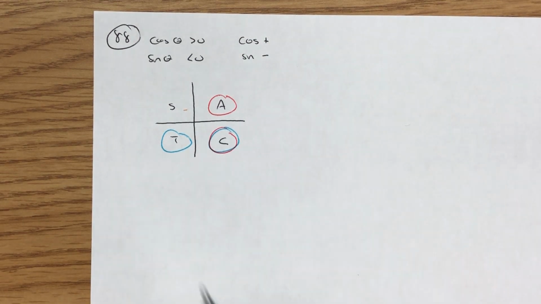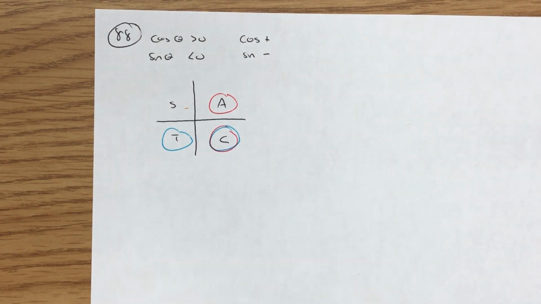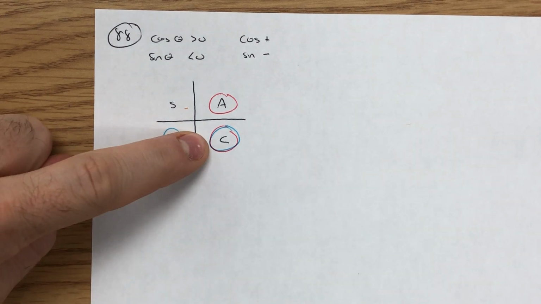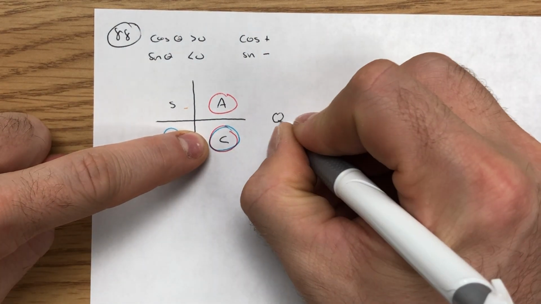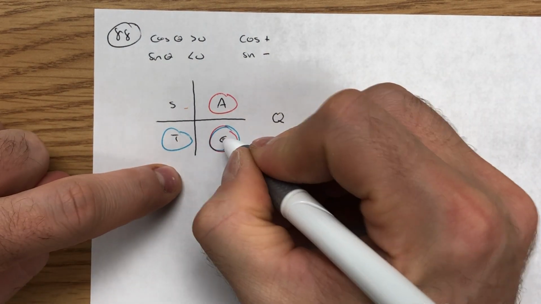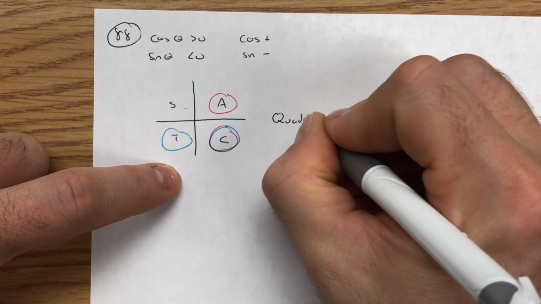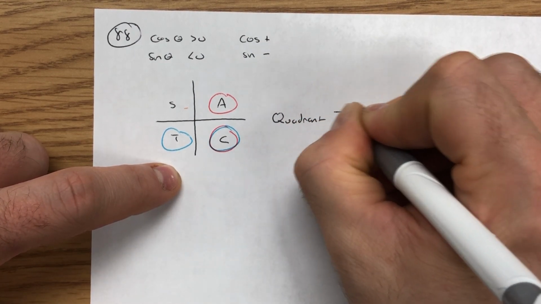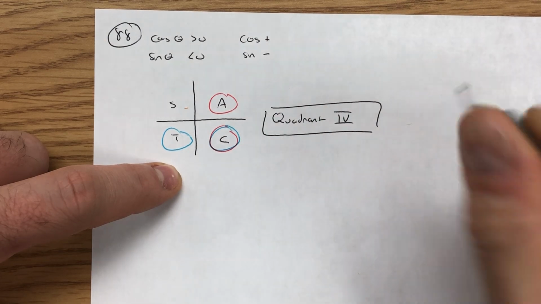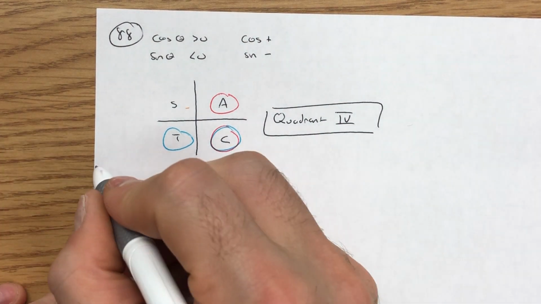So the only quadrant where both cosine is positive and sine is negative is going to be this quadrant, which is going to be quadrant 4. Boom. That was question 88.